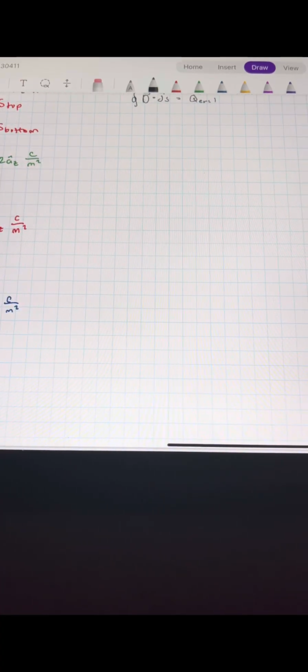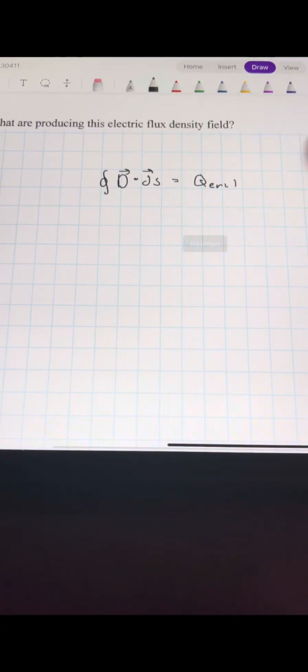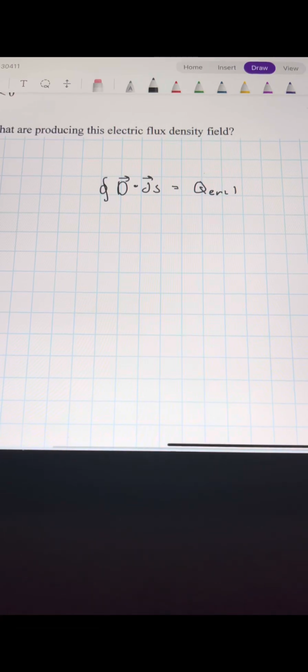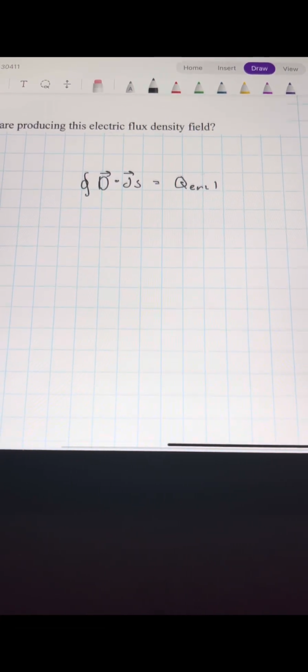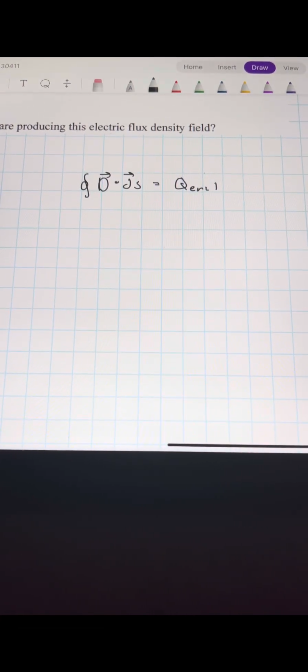So the key formula we will be using for this problem is Gauss's law in terms of D, which says that the total flux of D leaving a closed surface is equal to the enclosed free charge.